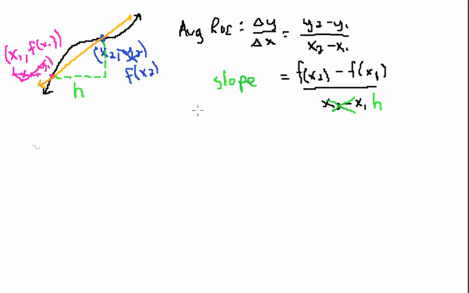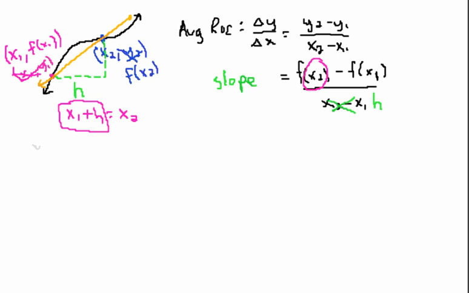What I want to do next is look at this h thing here. We started at x1 and we ended at x2. So if I say, let's do this in pink, x1 plus h, what does that get me? If I go x1 plus h, that's going to get me to x2. So where I see an x2, I'm going to replace that with x1 plus h.